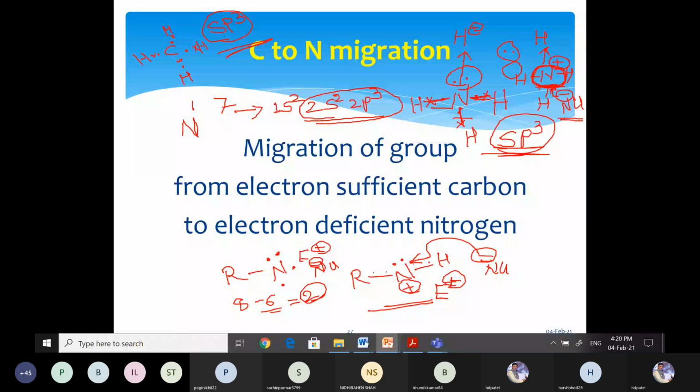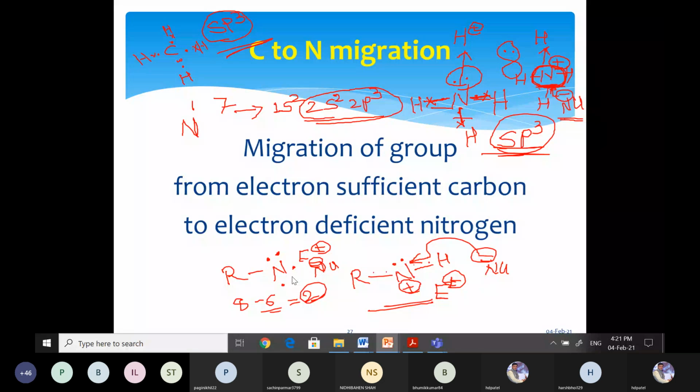Nitrogen may be in this form, Rn, known as nitrene, or maybe in this form, RNH plus. In both cases, nitrogen has a deficiency of electrons. This part is known as nitrene and this one is known as nitrogen cation, means nitrogen having positive charge. Both are known as electron deficient.